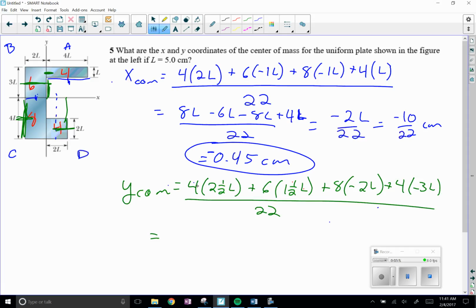So we're looking at 4 times 2.5 is 10L, plus 6 times 1.5 is 9L, minus 16L, minus 12L, all over 22. 19 minus 28 is -9, so you get -9L over 22.